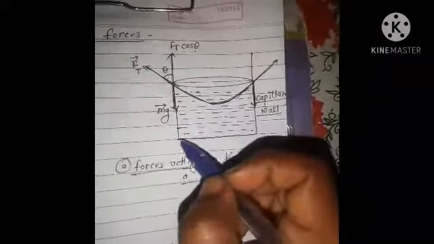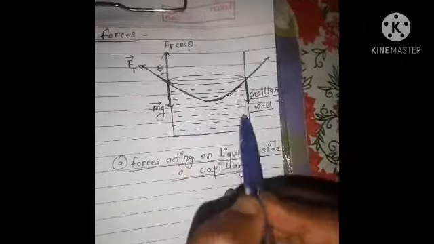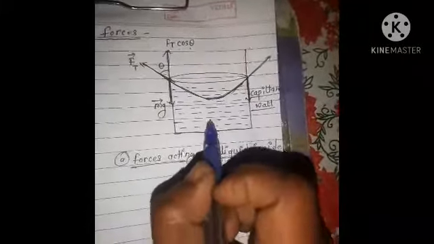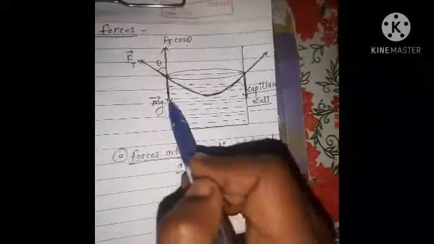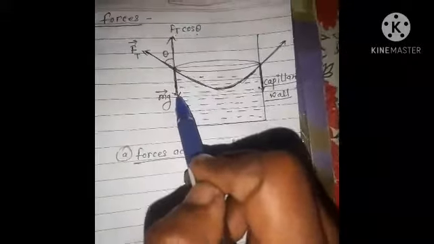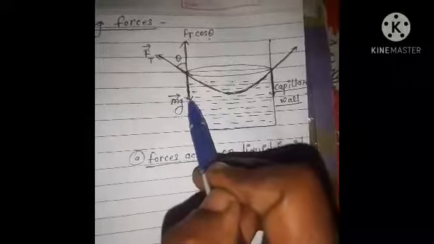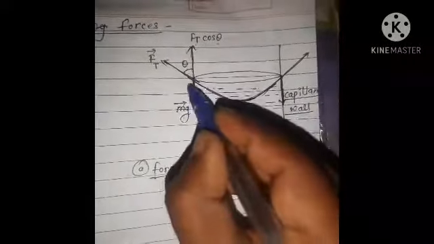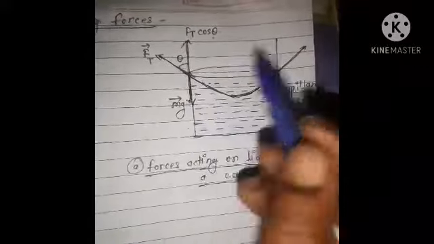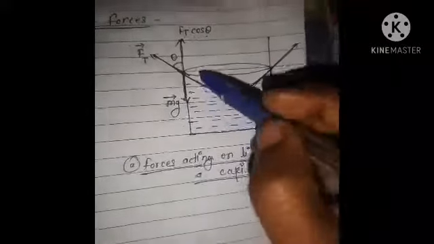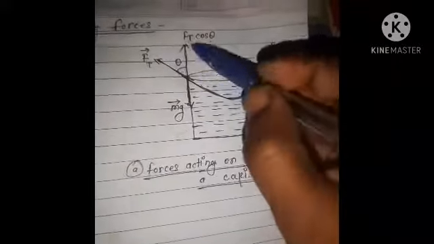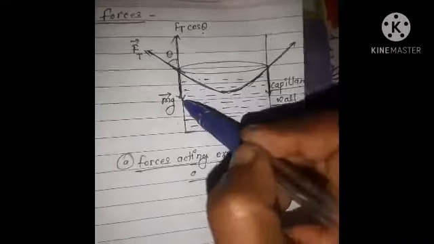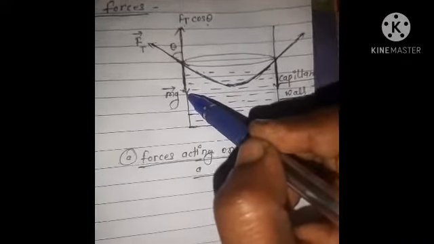Thus the rise of liquid inside the capillary tube is against the gravity or gravitational force. That is, the height of liquid rise inside the capillary is opposite to the gravitational force.